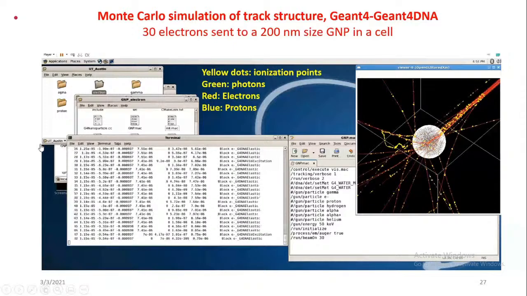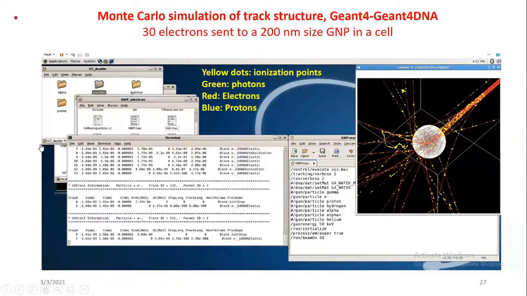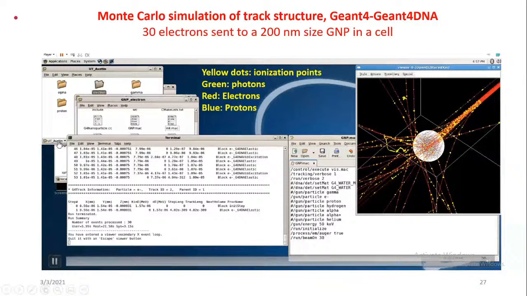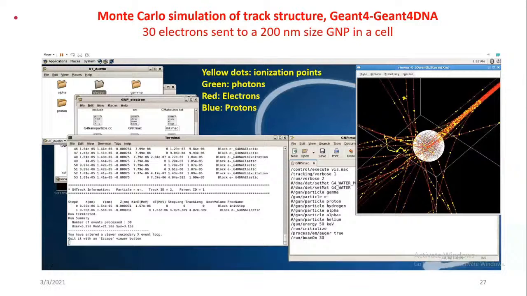And because of the relatively light mass of electrons, they are prone to strong lateral scattering. So their tracks diverge right after electrons enter the tissue, and there is a small overlap among the ionization points among different tracks.